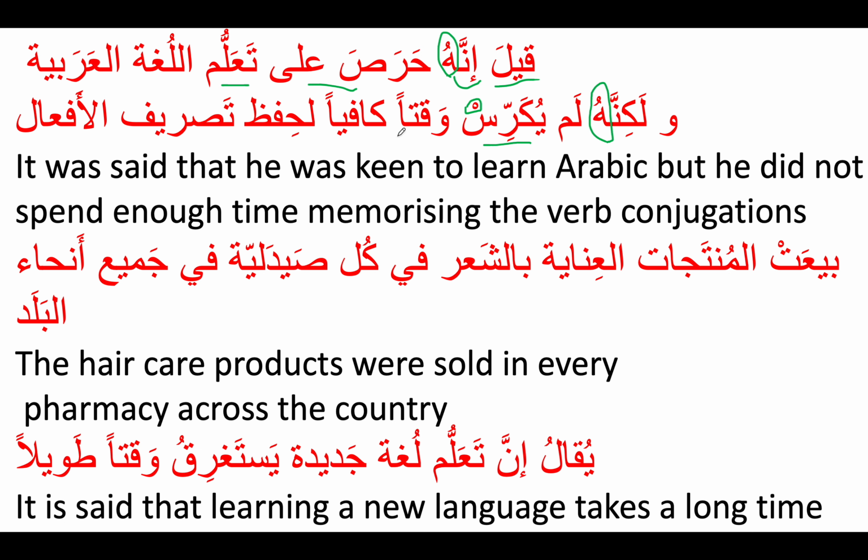وقتا كافيا. Now notice here that وقتا كافيا is in the accusative case. This is because enough time is the object of the verb كرس. And the object of the verb in Arabic is in the accusative case. That's why it has the fath tanween on top. Now, kafin means enough. The adjective by itself is kafin, enough.